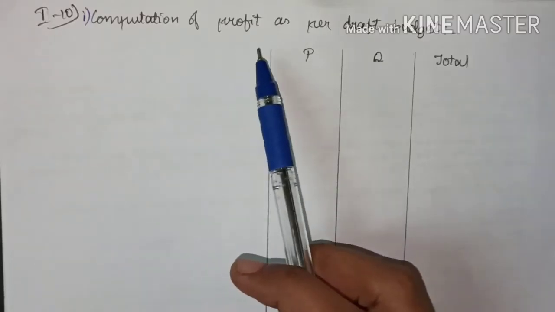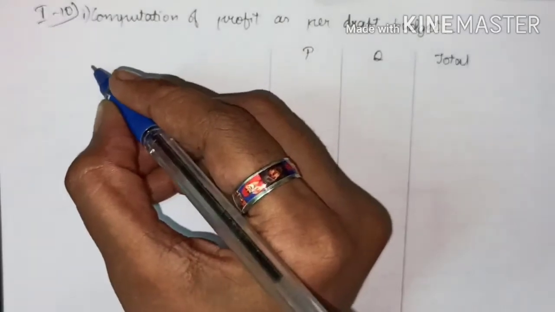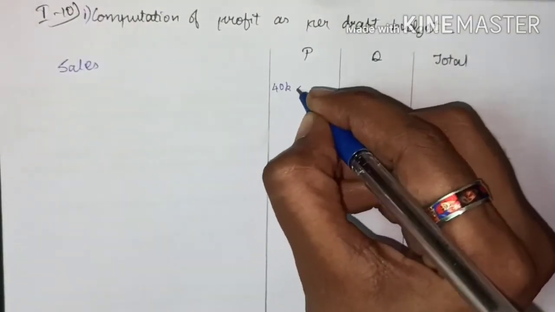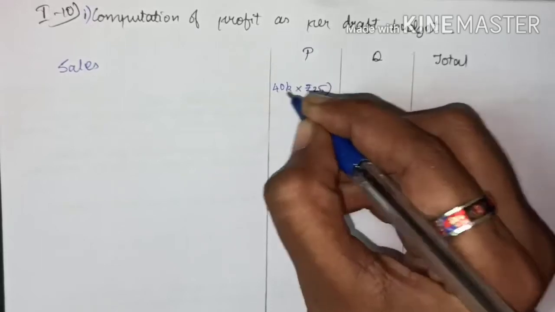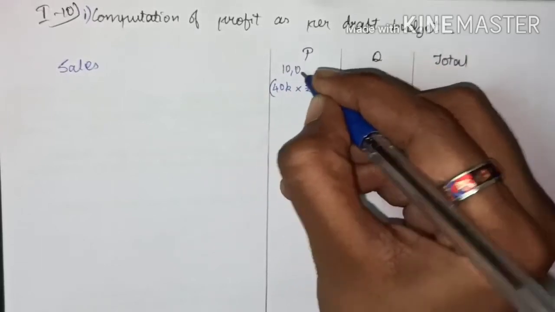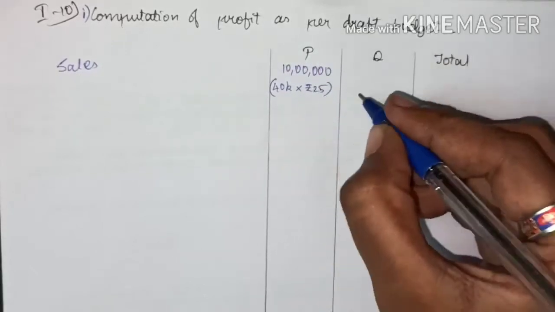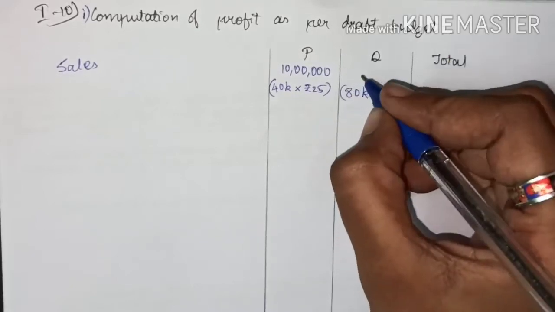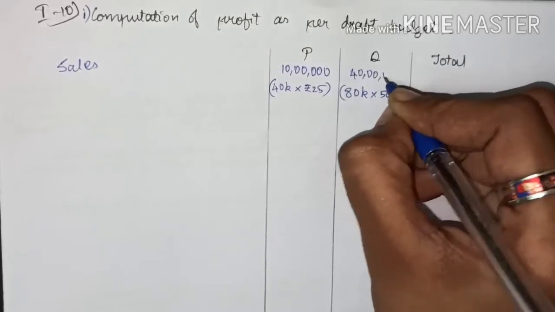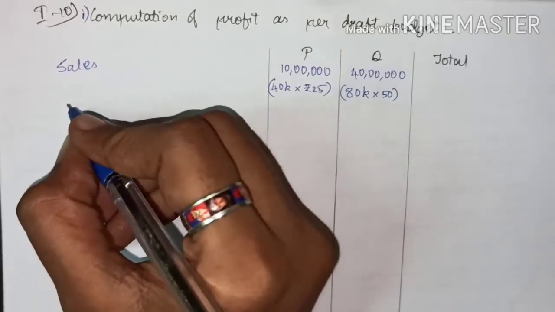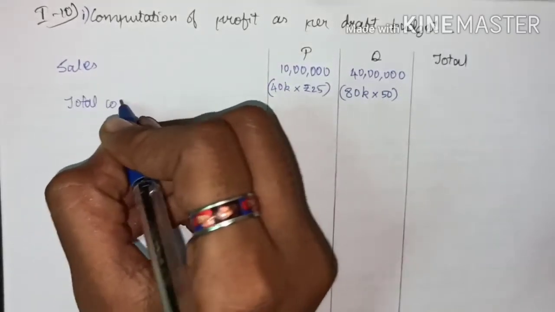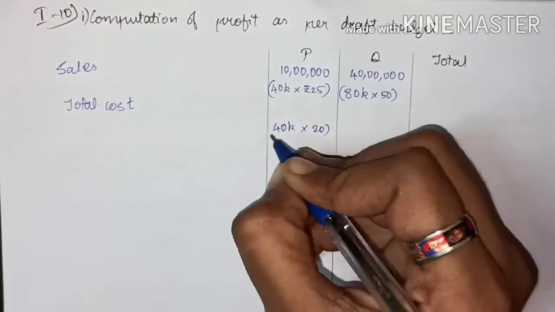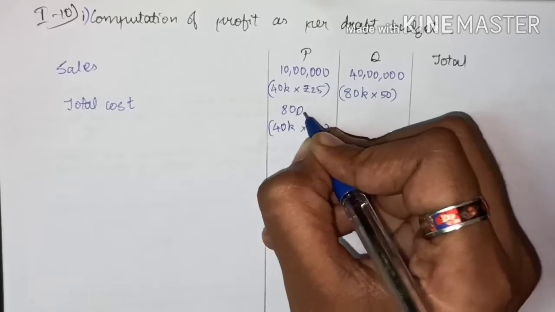First one is computation of profit as per draft budget. Sales: 40,000 units into 25 rupees equal to 10 lakhs, and here 80,000 units into 50 equals to 40 lakhs. Then you find the total cost. 40,000 into 20, which is 8 lakhs.